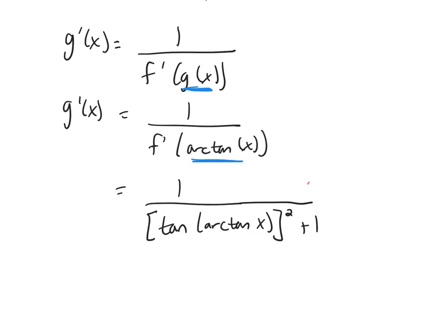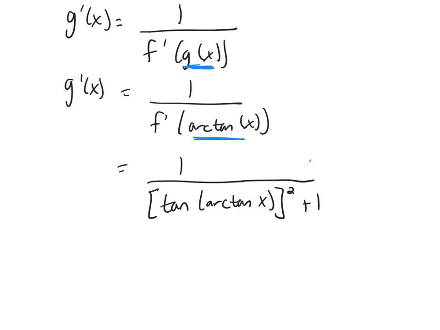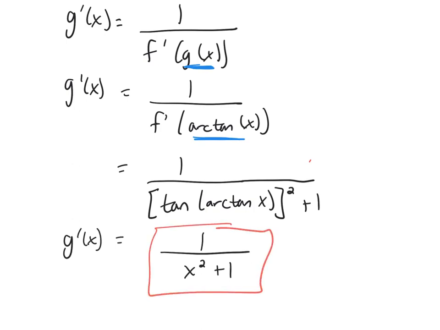But when you take tangent of arctangent of x, they're inverse functions, so this is going to just be the same thing as x squared plus 1. So there's the derivative of the inverse tangent function.